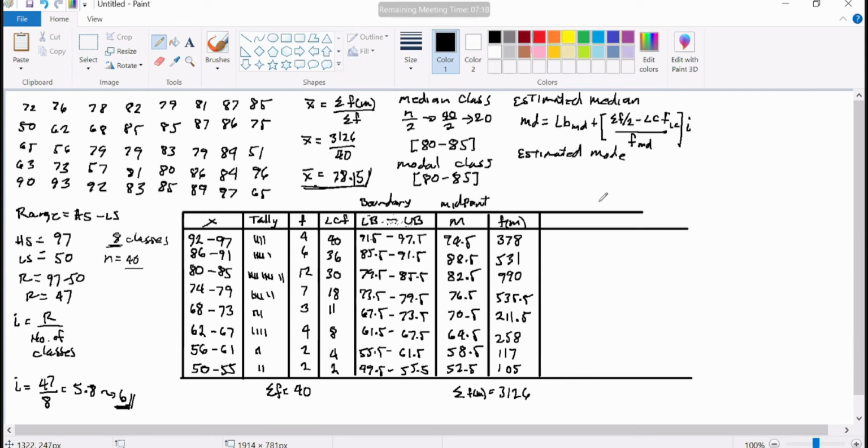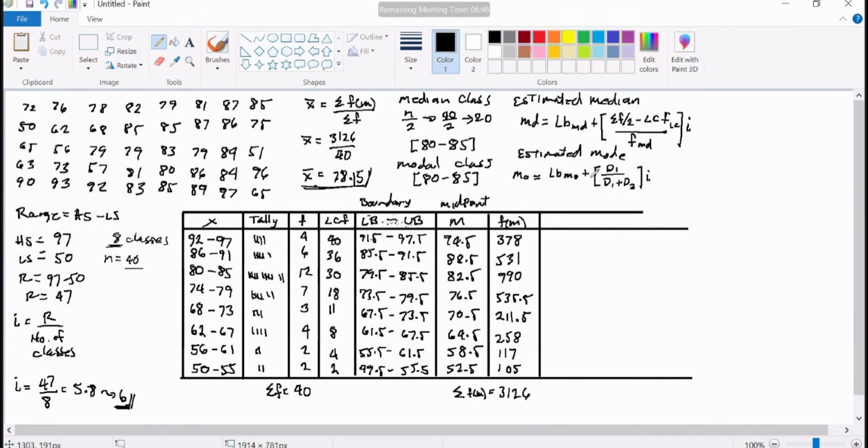For the estimated mode, it's a bit more complicated. Mode is equal to lower boundary of the modal class plus D1 over D1 plus D2 times i. But what is D1 and D2?